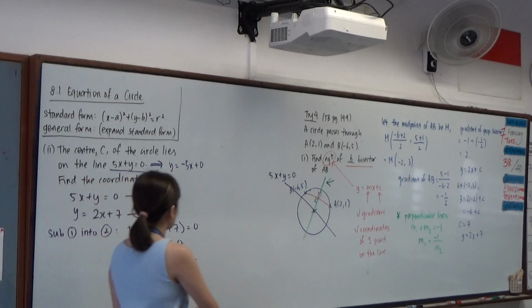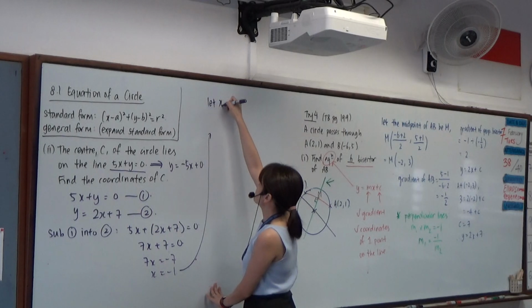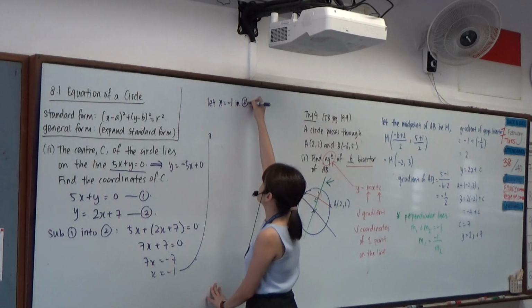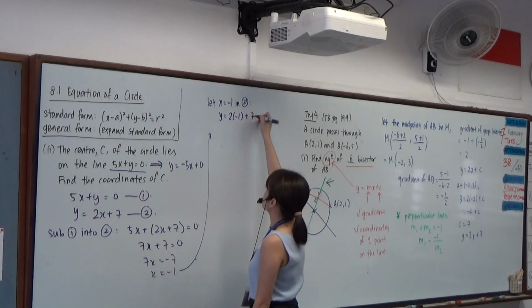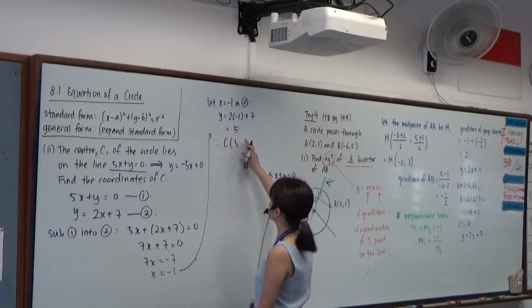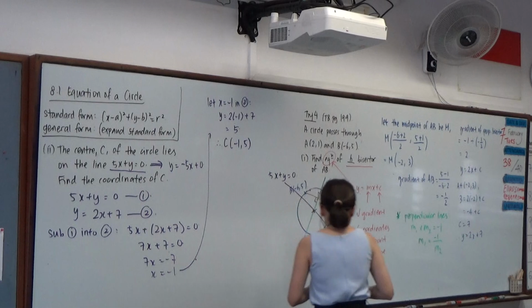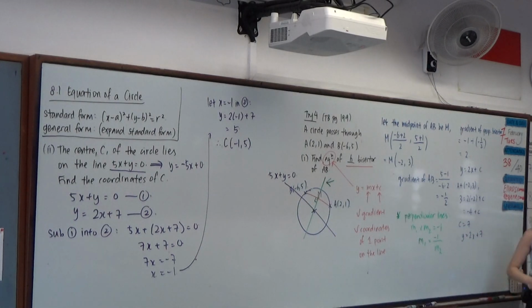So we find that x equals negative 1. Okay, so C is negative 1, 5.